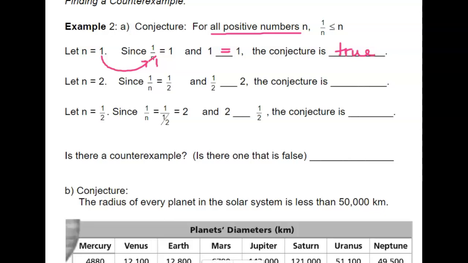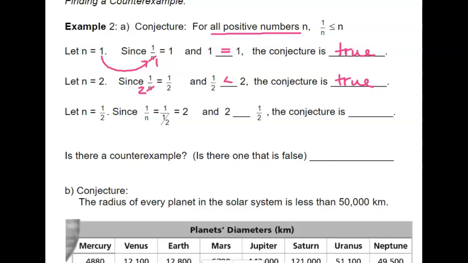So let's try again. Let's try n equal to 2. That's another positive number. So since 1 over n is really 1/2, and 1/2 is less than 2, well then the conjecture here is also true, because the conjecture was that 1 over n is less than or equal to n. If it's less than, well then that fits. So let's try another positive number.